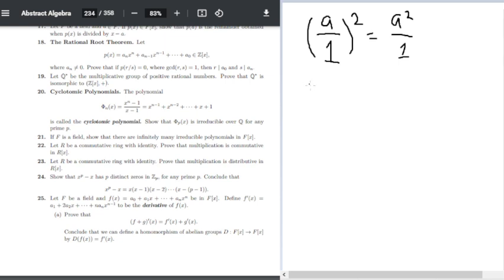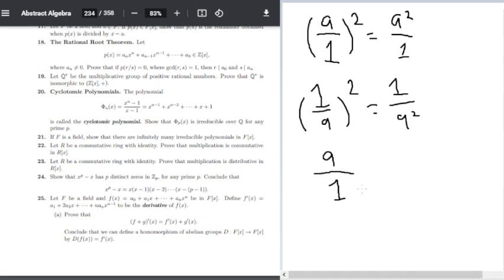And similarly, 1 over a squared is equal to 1 over a squared. So let's start by mapping a over 1. A over 1 is mapped to the constant polynomial a x naught.